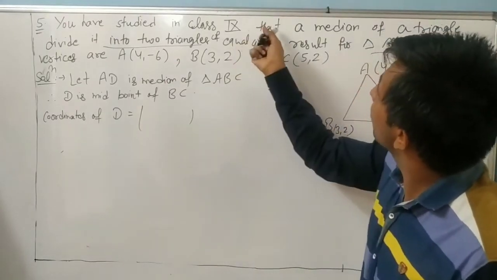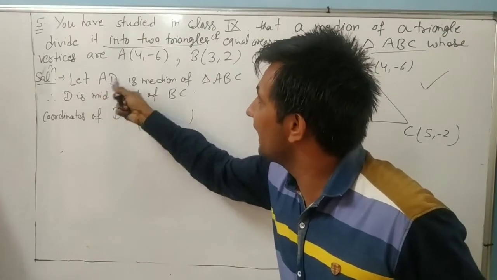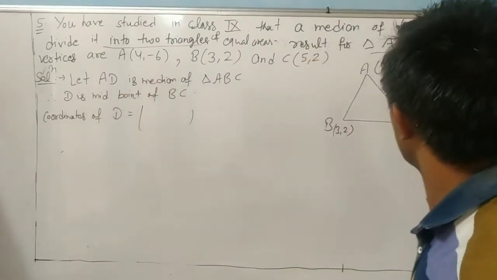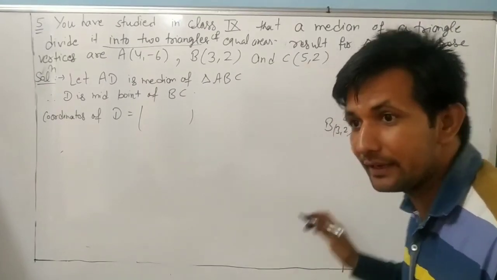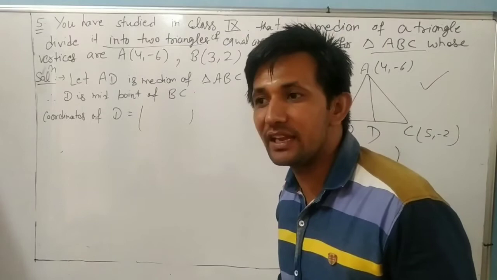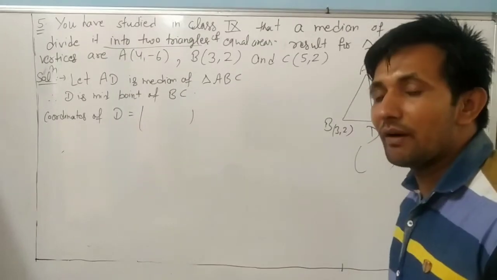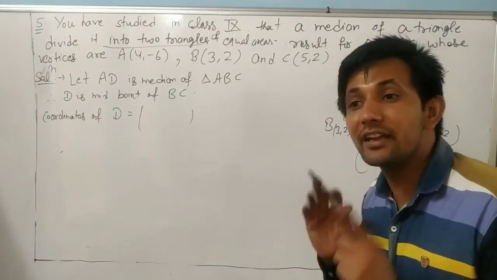If you want to verify this result, we need a median. So let AD be a median, and D is the midpoint of BC. What do we want to verify? We want to verify that the area of this triangle and the area of this triangle are equal.